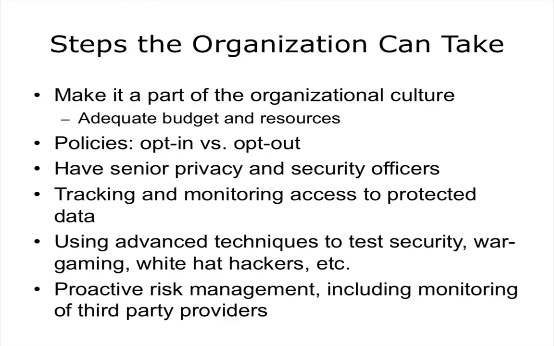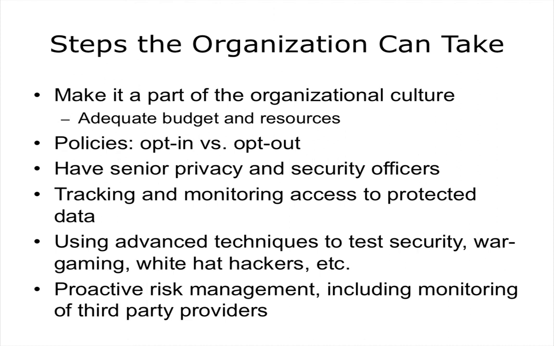What are some of the steps that the organization can take to prevent breaches? One of the first ones is to make it a priority. Make it part of the organizational culture that we take the security of the protected health information very seriously, and we include an adequate budget and resources for it.